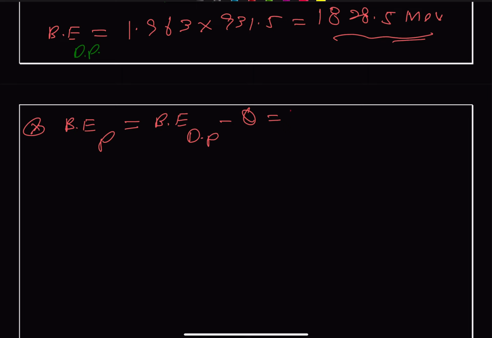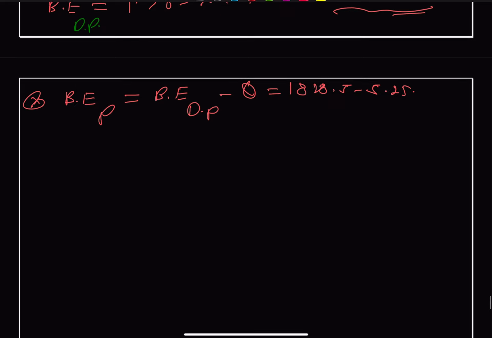So this was 1828.5 minus 5.25, and this gives us 1823.25 mega electron volt.